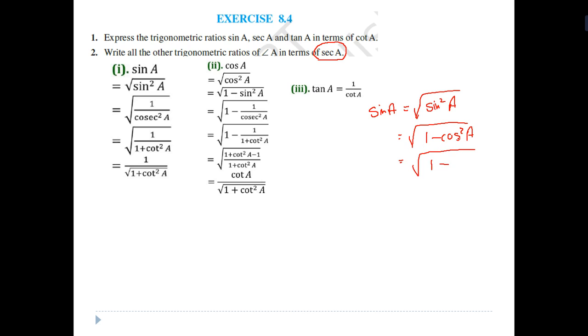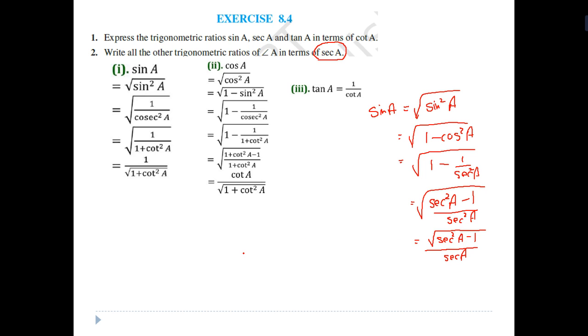Because it is an identity. Now cos is the inverse of sec A, so sec will be here: sec square A minus 1 upon sec square A. If the root is removed, then under root sec square A minus 1 upon sec A.